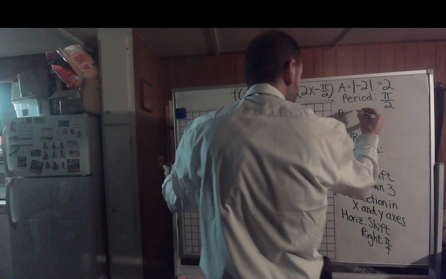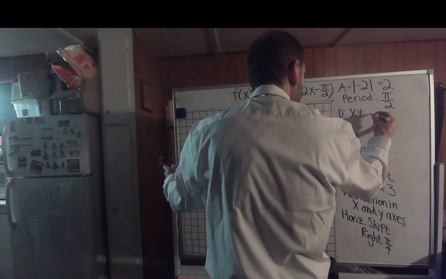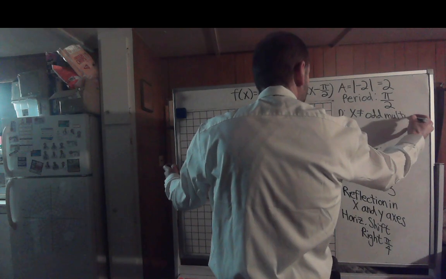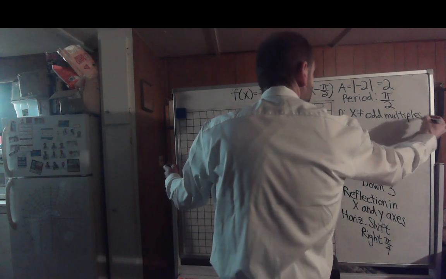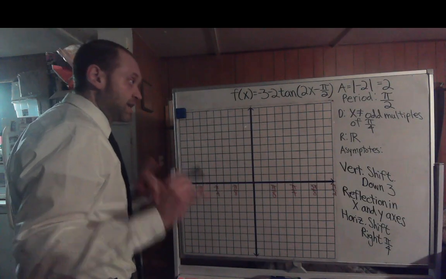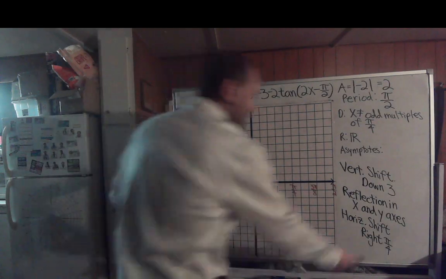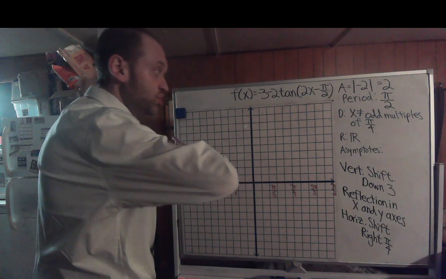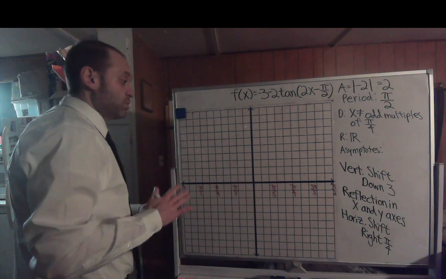Let's write that temporarily. X not equal to odd multiples of pi over 4. That's just based on the period change, but there's yet another change. We also have to take into account for this pi over 4, because everything shifted to the right pi over 4 units.